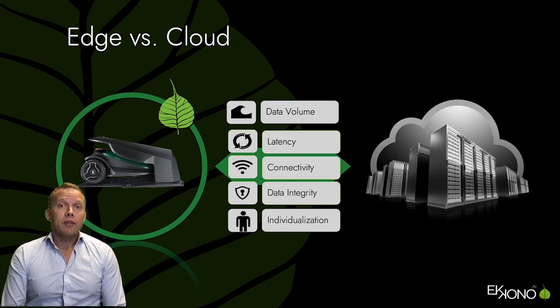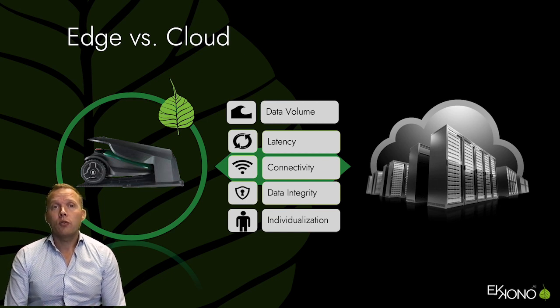Another problem is latency. It is perhaps not as obvious as data volume, but as soon as you want to control something in real time, the control system, including the machine learning model in this case, really needs to reside on the device to avoid problems with latency.